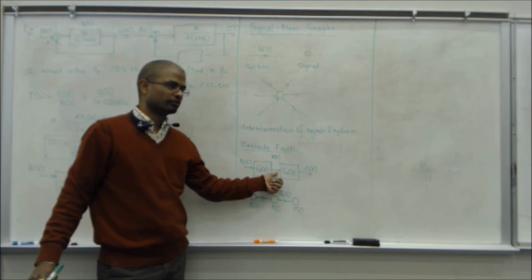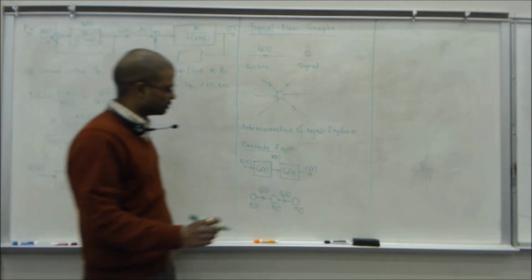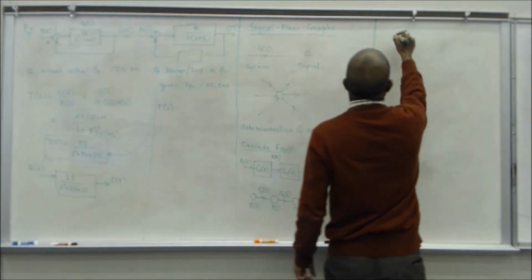Any variable. Got it? It is not 1. That's what I'm trying to say. Here it is 1. So this one, we'll come to that. Let's do the parallel first.